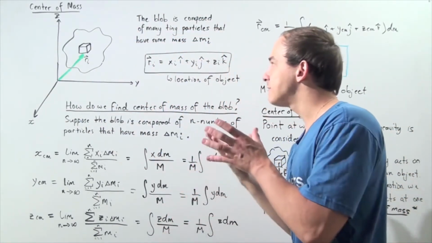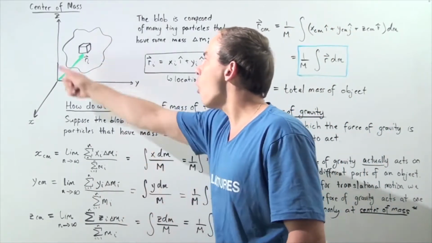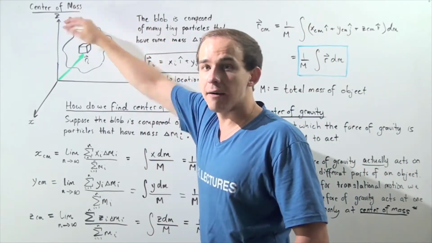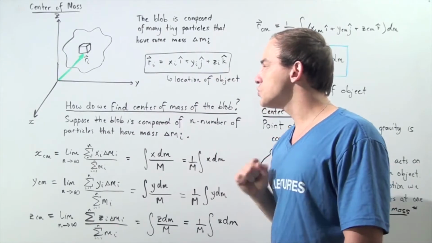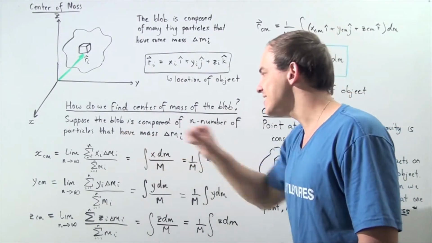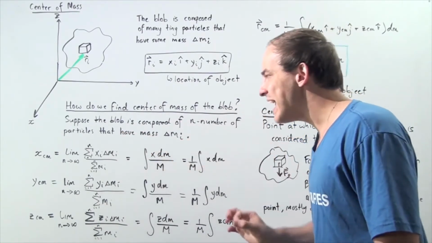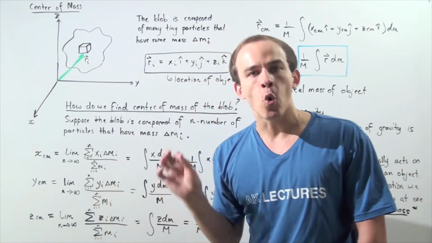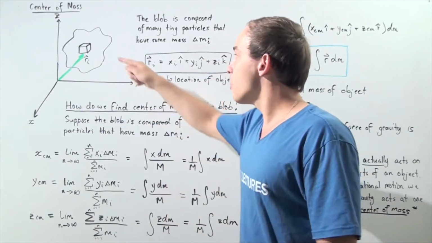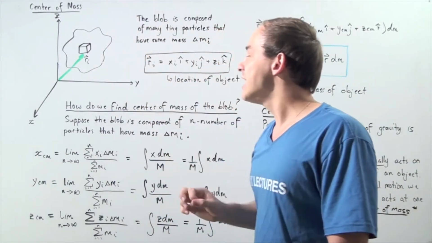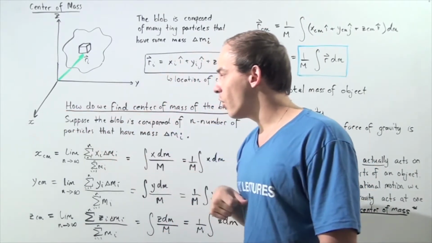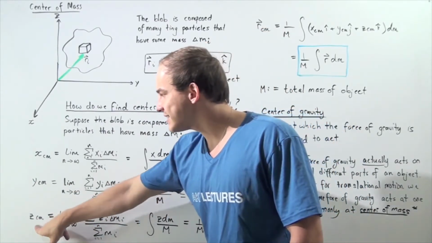So how exactly do we find the center of mass of the entire blob? Well, we basically have to find the center of mass of all of the tiny square particles that compose our blob. So we do the following. We suppose that the blob is composed of n number of particles that each have mass change in m_i, and then we find the individual coordinate points of the center of mass vector. Because we have a three-dimensional object, the center of mass will have three coordinate points: the x coordinate, the y coordinate, as well as the z coordinate.